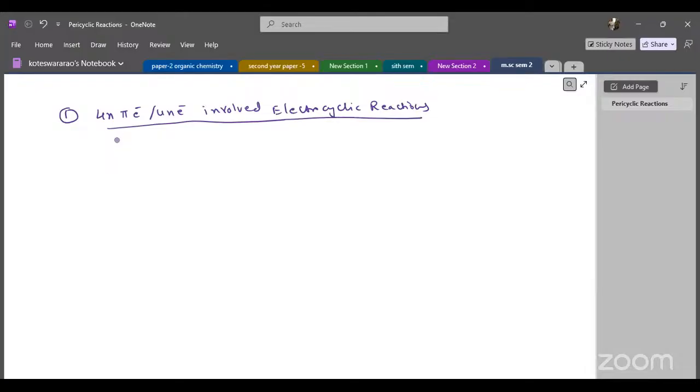Now it shows the first stereochemical mode is conrotatory electrocyclization.